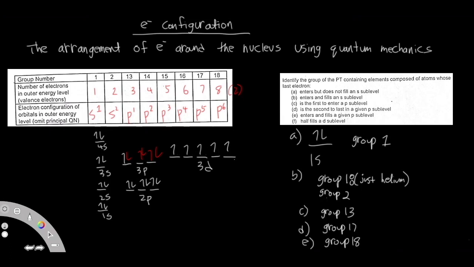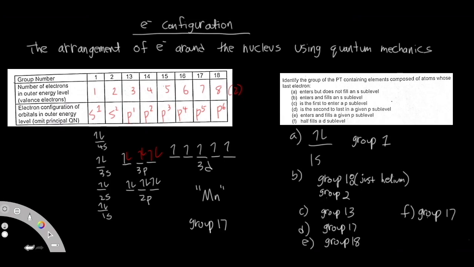So because they are half filled, you notice how we need to see where it is on the periodic table. This would be Mn, also known as manganese. This has 25 electrons, an atomic number of 25. What group would it be in? It would be group 17. So what would the answer be? Group 17.